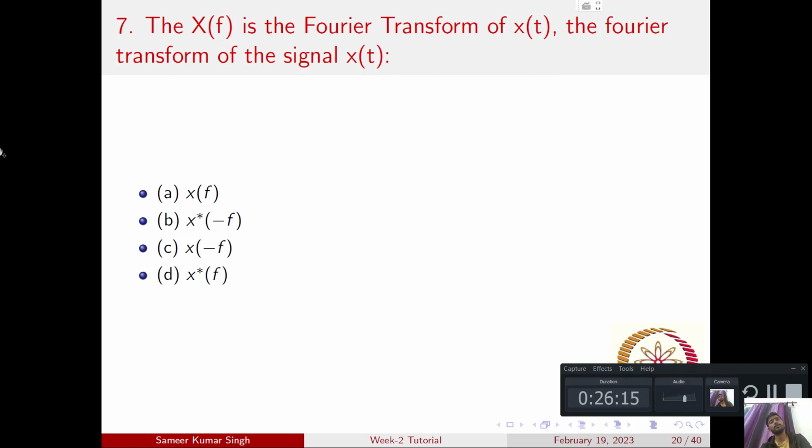As we generally read, x(t) has the Fourier transform X(f). Here it is given that X(f) has the Fourier transform of x(t), so we have to calculate the Fourier transform of the signal X(t).